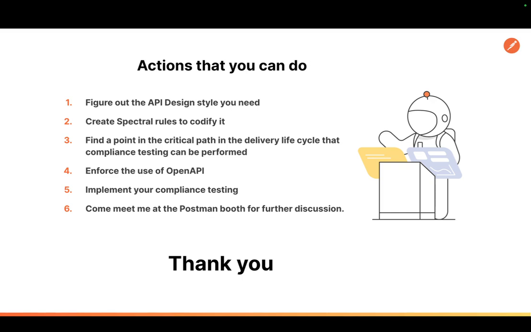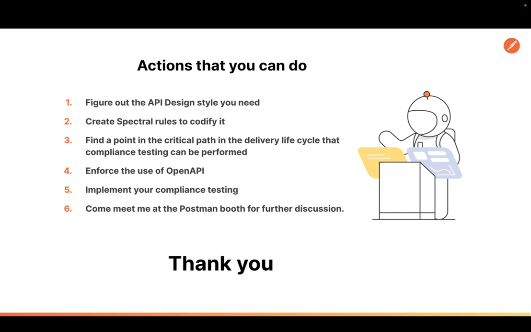if you leave the testing as an afterthought, like something that needs to be tested after the API has been delivered, or if it's deployed and someone checks about it and creates a report about its compliance, I guarantee you that it's going to fail. Compliance with our API design styles needs to be blocking, right?